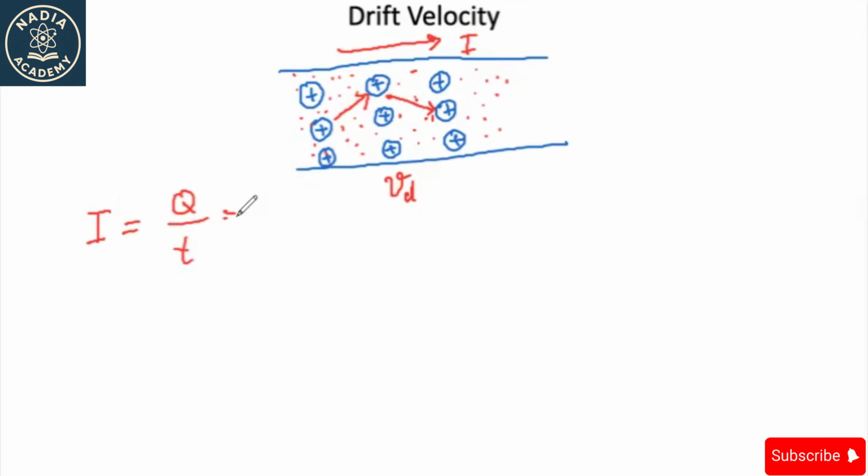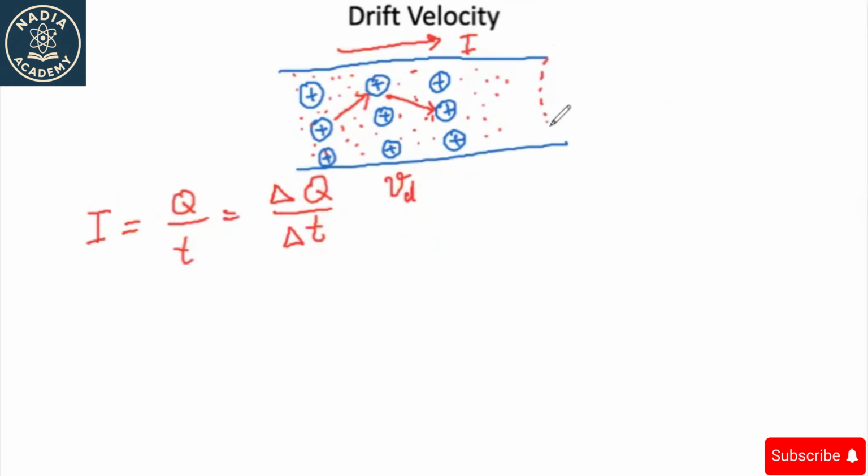You can write in a more proper way the change in the charge divided by the interval of the time in which this change in the charge is happening, meaning how much charge actually passed per time. So now we can calculate this charge.